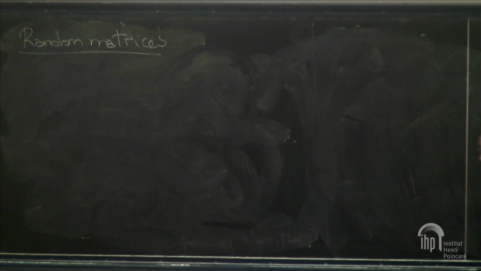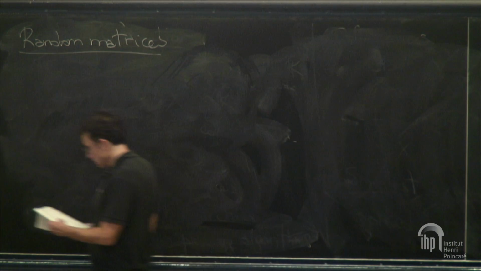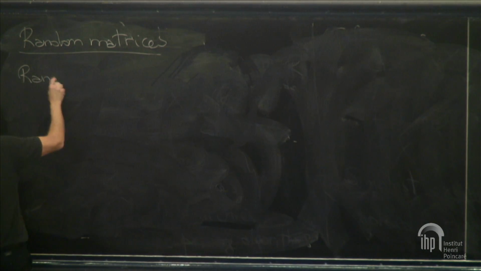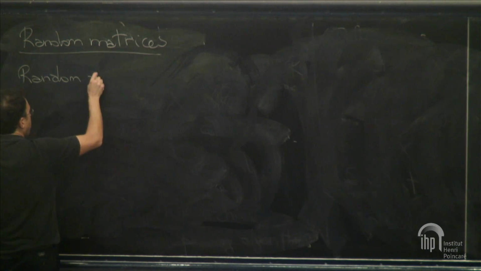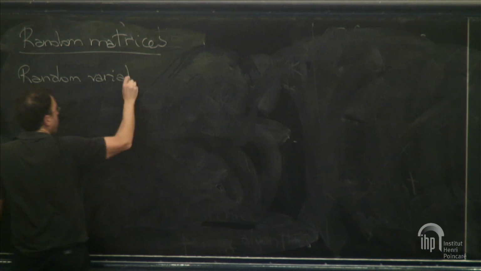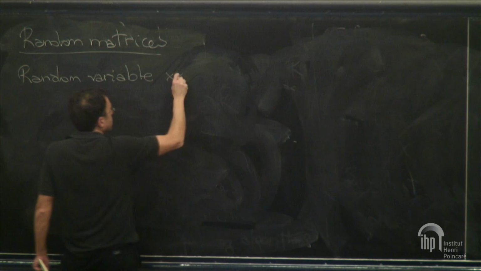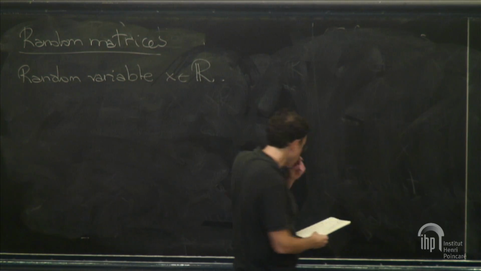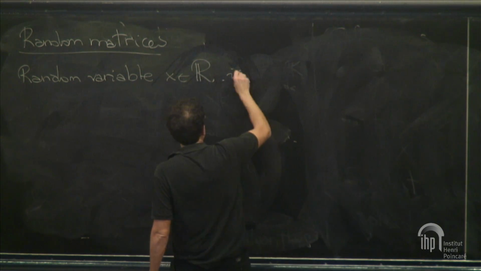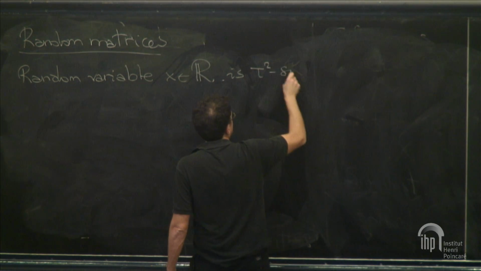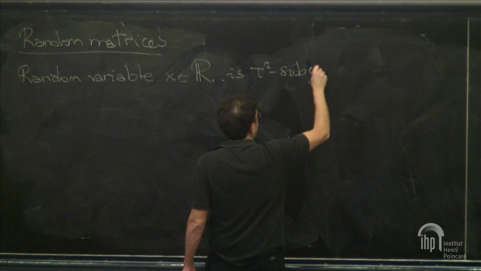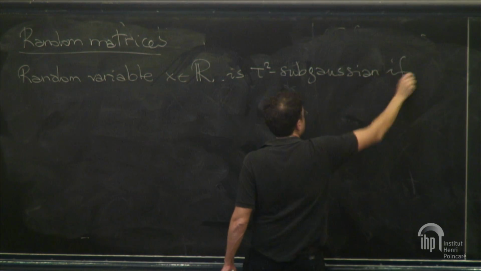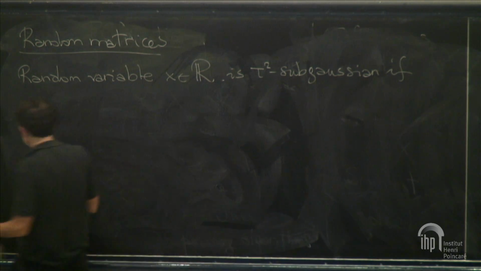This is extremely simple. So we have a random variable x, a real, just a random number, is tau square sub-Gaussian if the following happens.